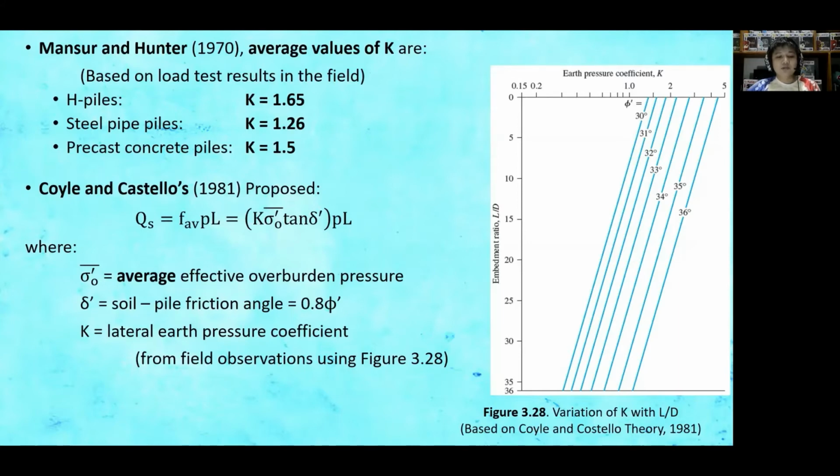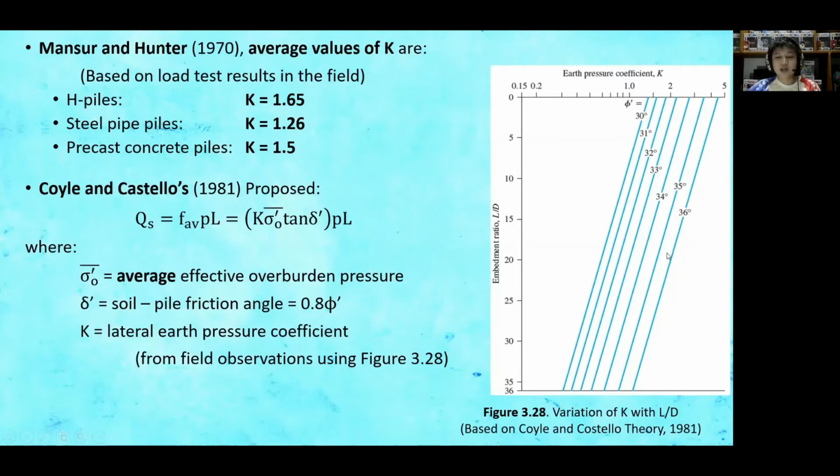From field observation, we may use figure 3.28 for the variations of our K. Take note that if the line or the curve is not available for a certain angle, consider only within the range of 30 degrees to 36 degrees.